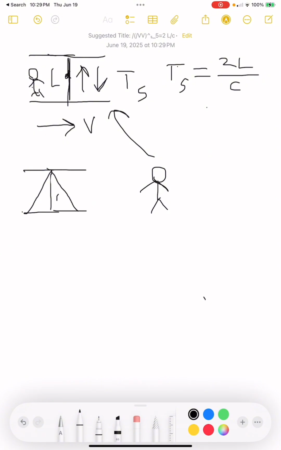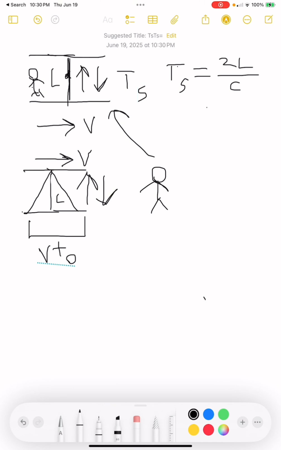So, we know that this will be L. And if this is also going at the same velocity v, we can denote that this distance right here is v times, let's say, t0, for how long it takes for this one to go up and down.